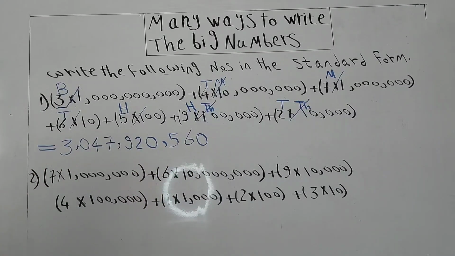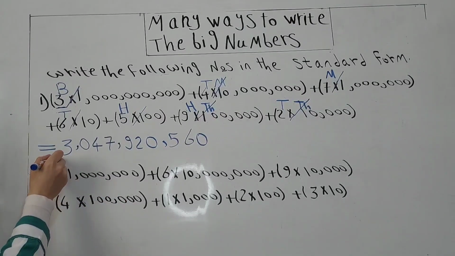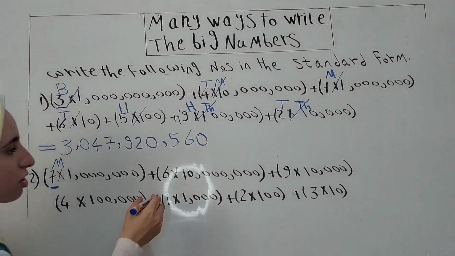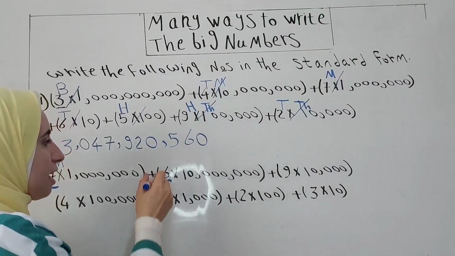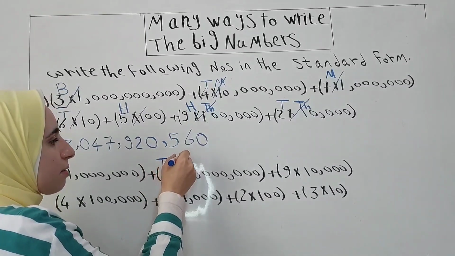Another example. At the first, we must write the place value for each digit. The place value for the digit 7 multiplied by 1 million, so the digit 7 is in the millions place. The digit 6 multiplied by 10 millions is in the 10 millions place.